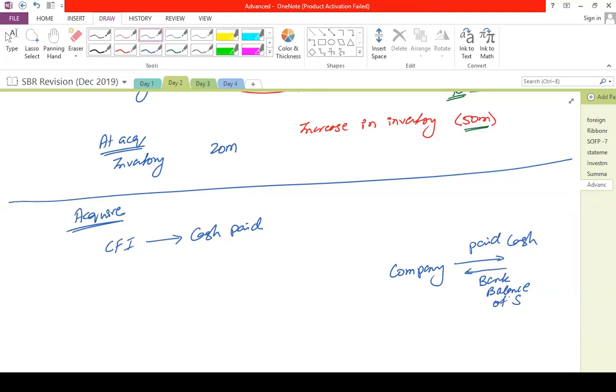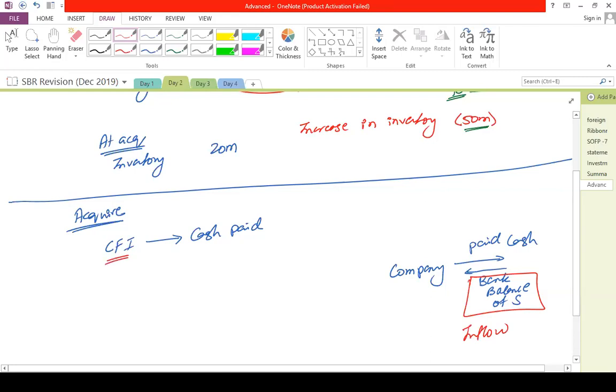So the cash that we have paid is a cash outflow, but the subsidiary's bank balance that we have received in exchange is a sort of an inflow as well. So we simply say that in the cash flow from investing activities, this should be the cash paid minus the subsidiary's bank balance, because this is the net cash outflow from our financials.